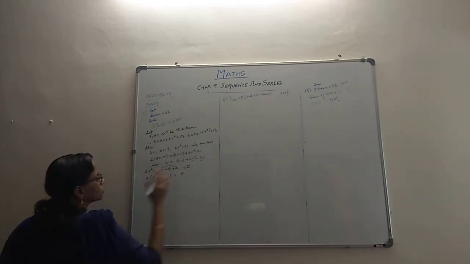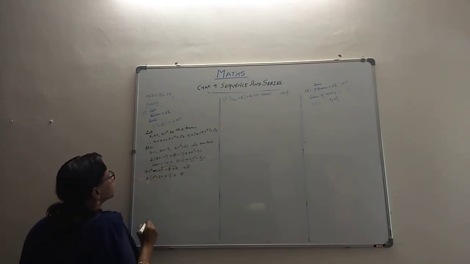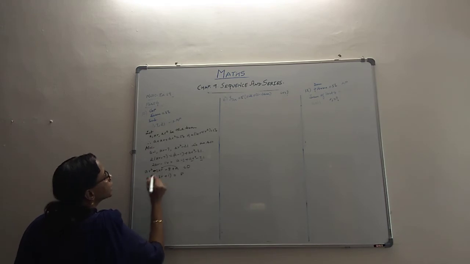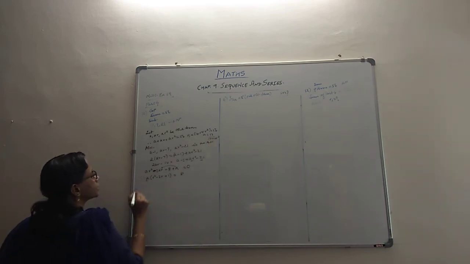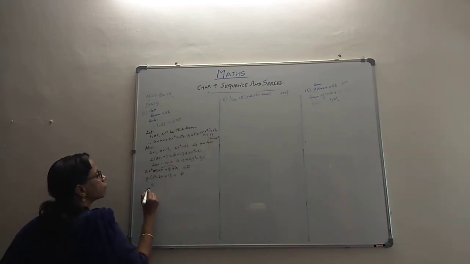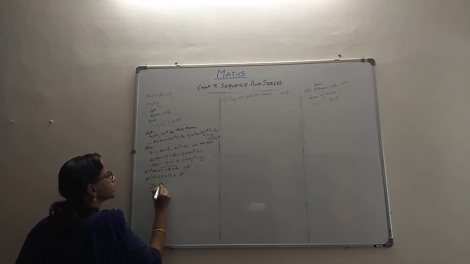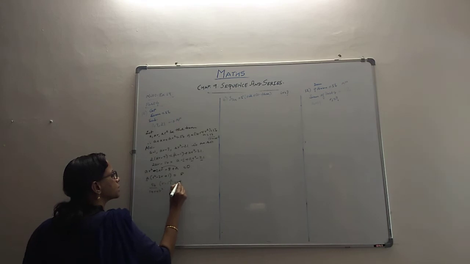The 8 goes on the other side, the other terms we club together. A can be written from here as 56 by 1 plus R plus R squared. This A will be replaced by 56 by 1 plus R plus R squared, and here we can write it as R minus 1 the whole square.